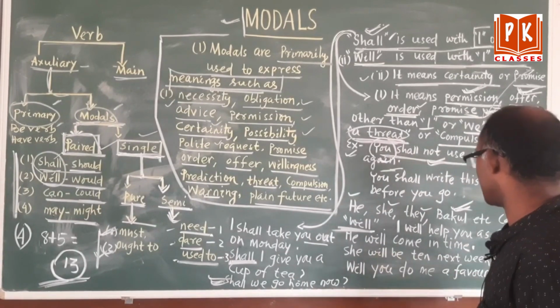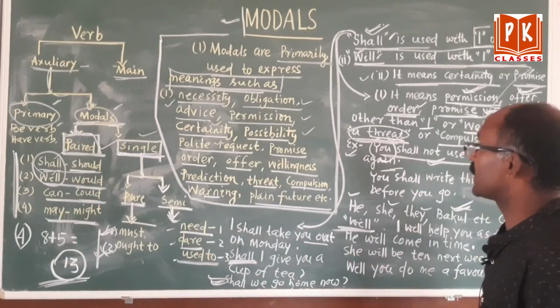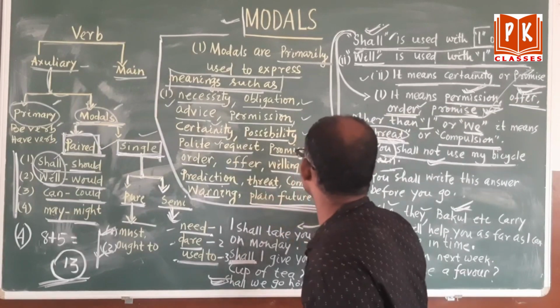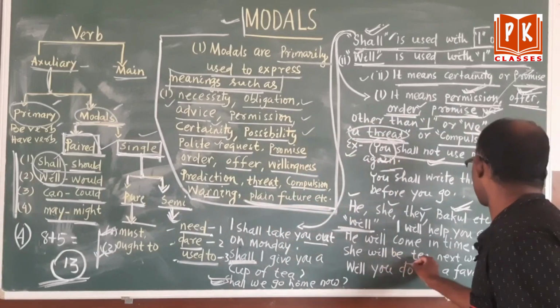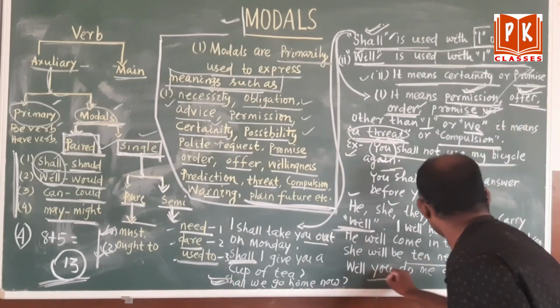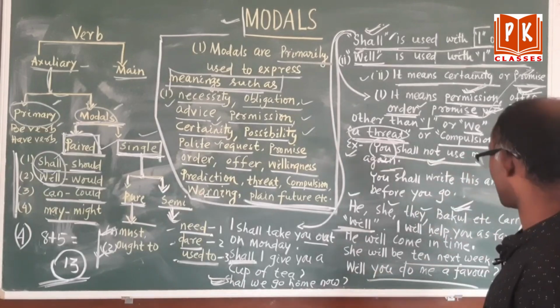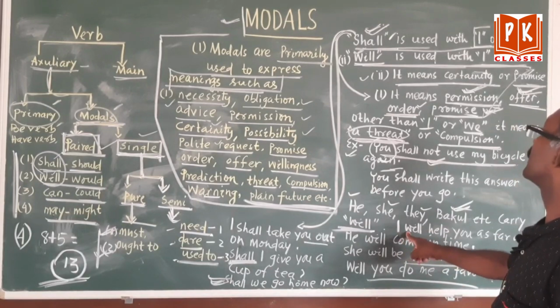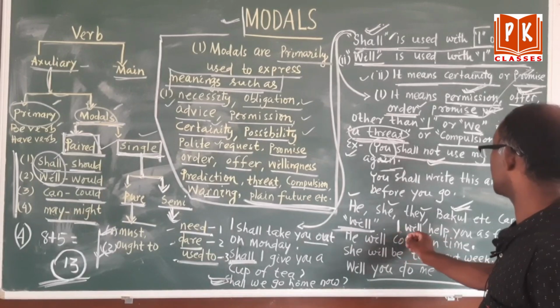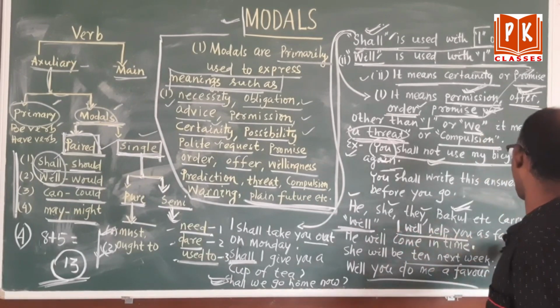Okay. He will come in time. She will be future prediction. That means it is future plan. Plain future meaning. Okay, she will be 10 next week. Will you do me a favor?